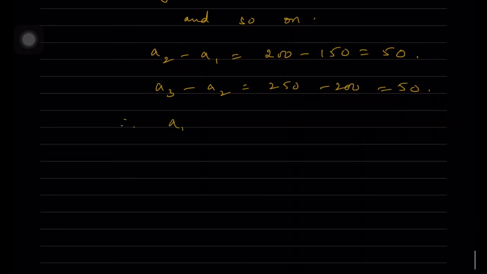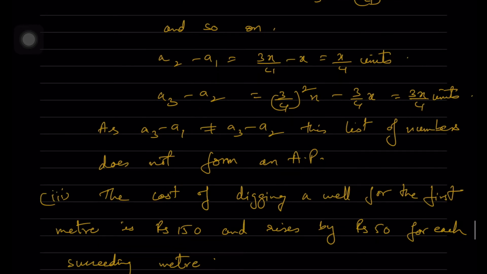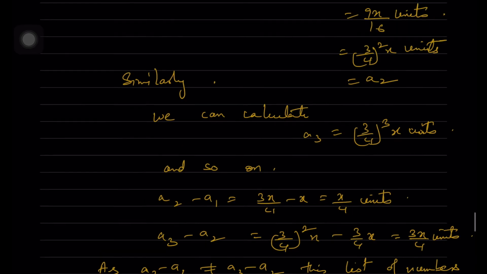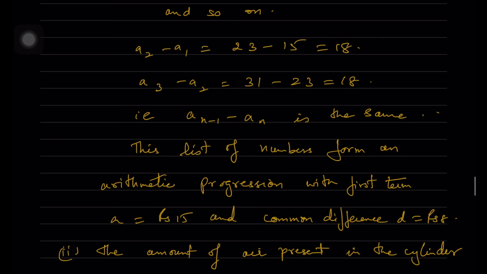Therefore A(n+1) minus A(n) is the same; that is A4 minus A3, A3 minus A2. Even for the previous problem it is also the same.